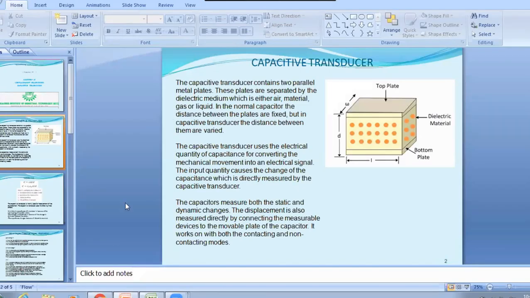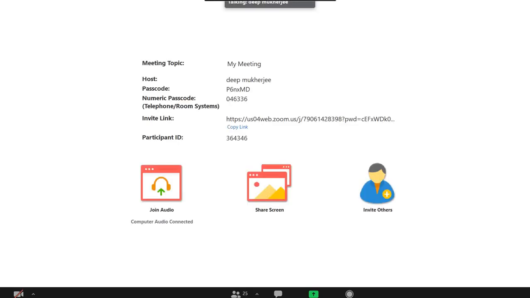What is a capacitor? You already know that there are two parallel connecting plates, because it can store charge or energy. Suppose there is a dielectric material in between, like air, liquid, or whatever. These two plates are separated by this dielectric medium.